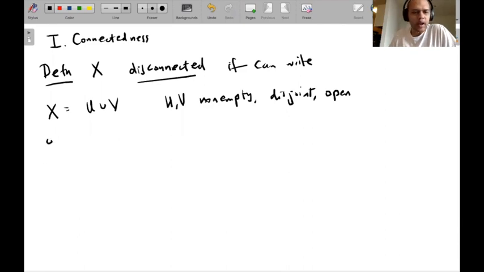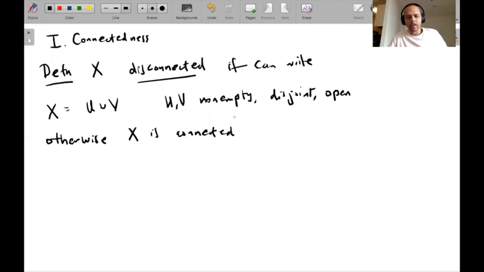Otherwise, we say X is connected. So if it's impossible to write X as a union of two non-empty disjoint open sets.